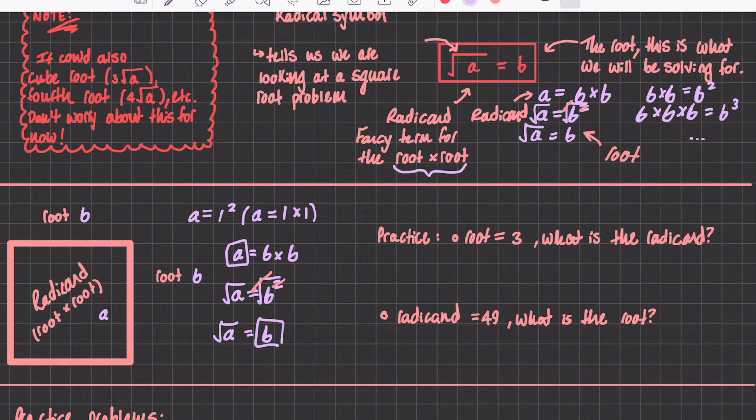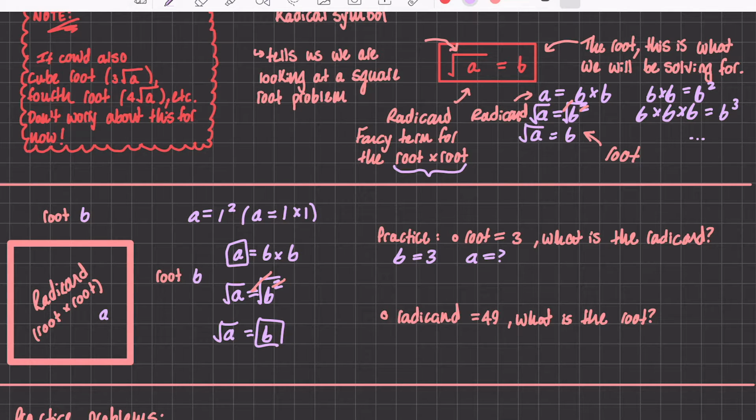So here, for example, we have a root equal to 3. Let's write down our variables. The root I've written as the variable b. So b is equal to 3, but what is the radicand? The radicand is equal to a.